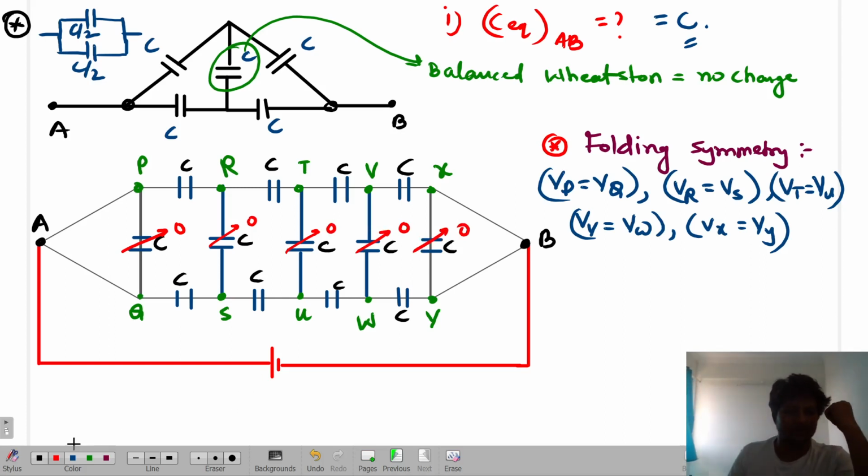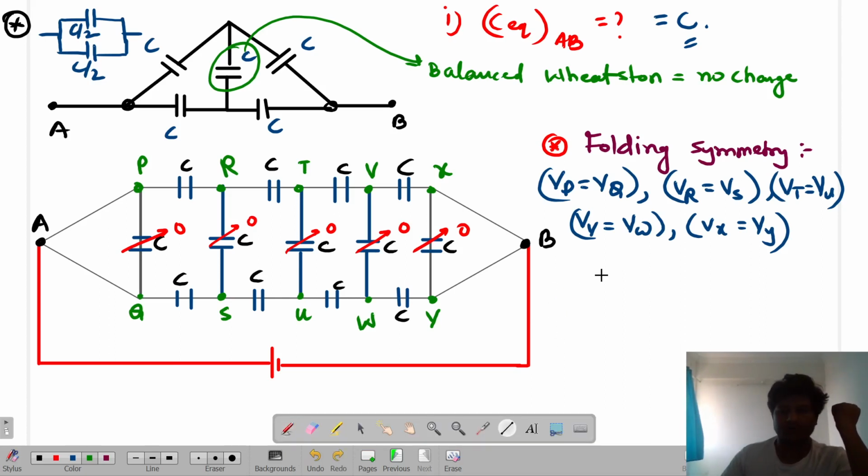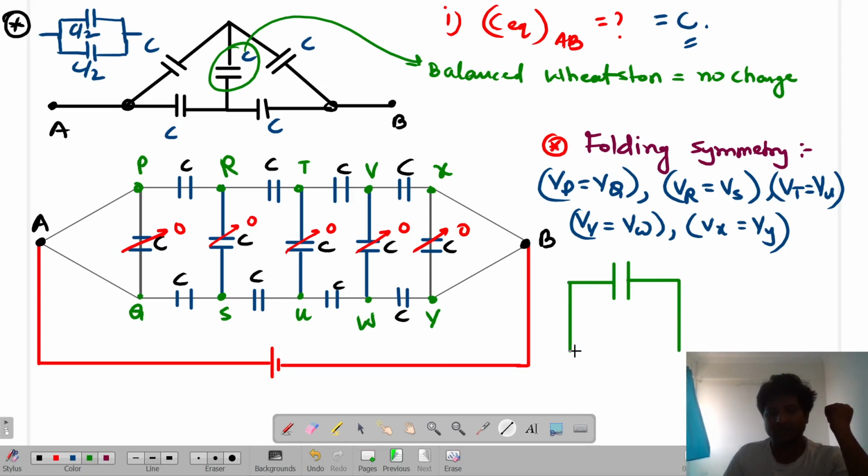So I'll just get four capacitors in series and another four capacitors in series. The net resultant circuit will become something like this way. If four capacitors of equivalent value are in series, then the net capacitance in the upward will be C by 4 and downward also C by 4.